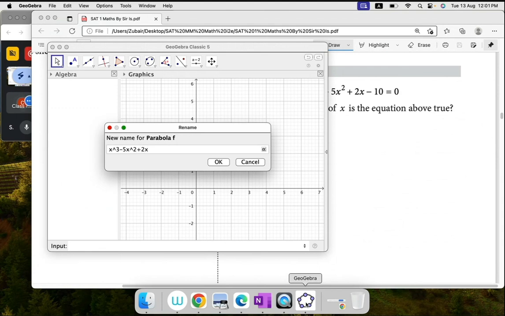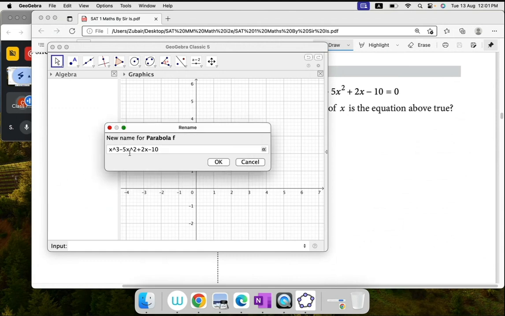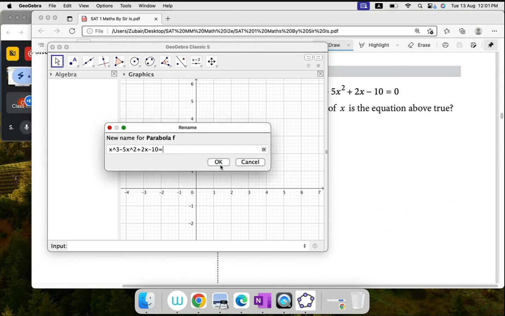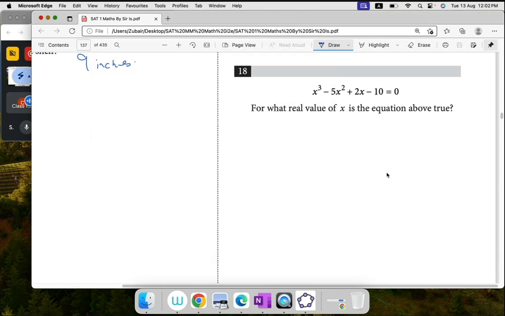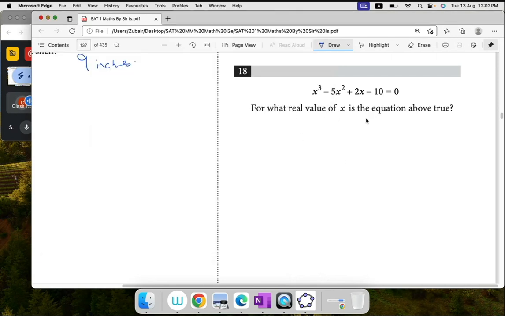Let me check my input. X cube minus 5x square plus 2x minus 10 equals 0. For what real value of x is the equation above true?